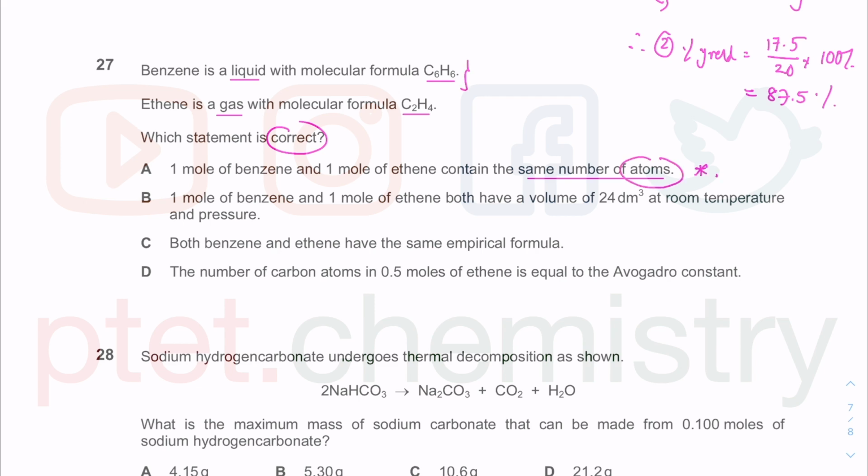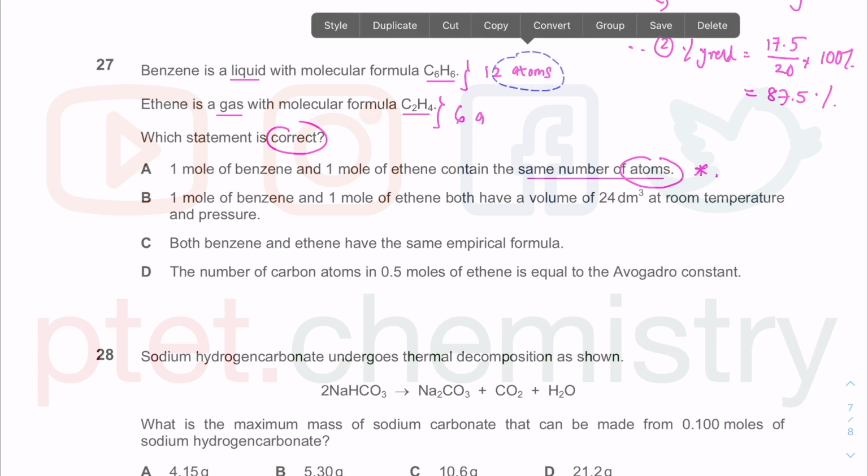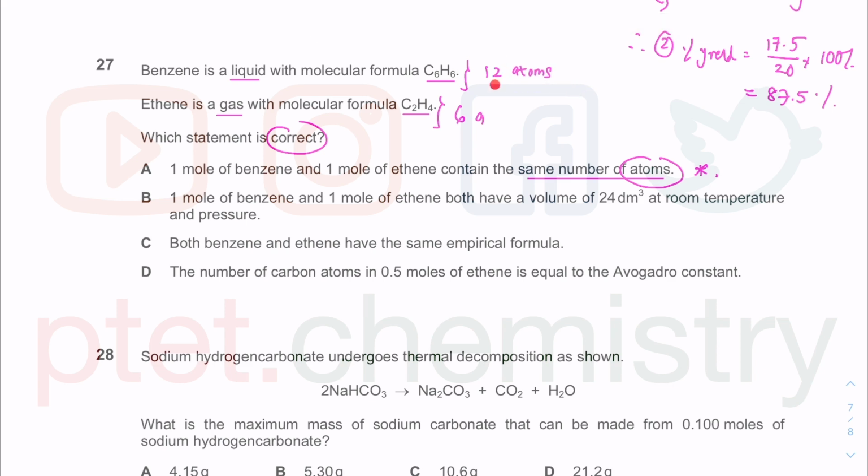Now here you have 6 carbon atoms and 6 hydrogen atoms, so you have 12 atoms in 1 molecule of benzene. In 1 molecule of C2H4, you have 2 carbon atoms and 4 hydrogen atoms. You have 6 atoms. I beg your pardon, in the previous question you don't have 12 hydrogen. You have 6 carbon and 6 hydrogen, so you get 12 atoms.